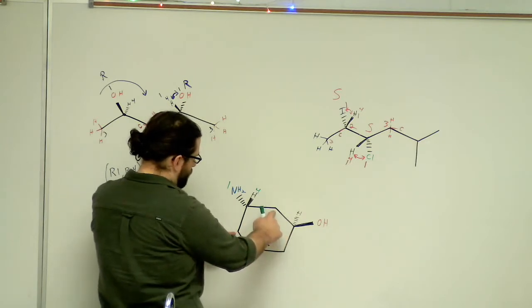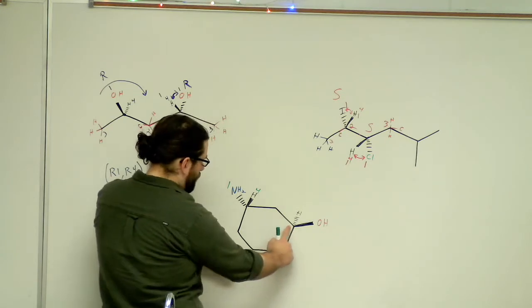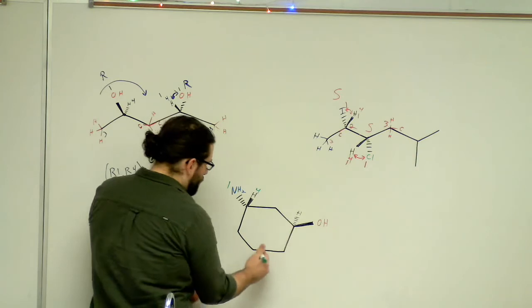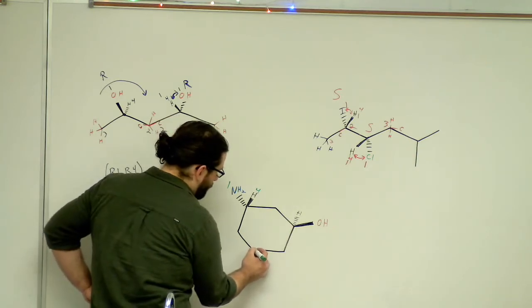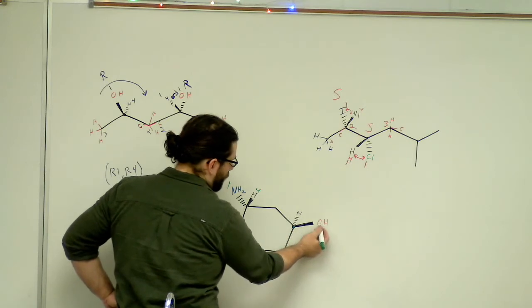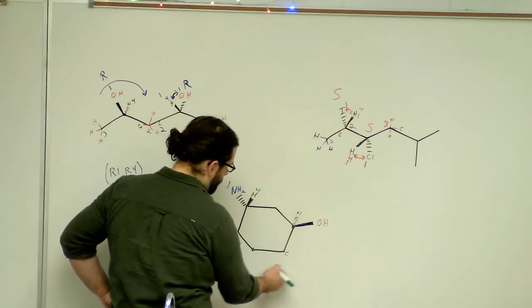Hydrogen, hydrogen, another carbon. So we're going to go to the next point. That's this point and this point here. So I'm now looking at what those carbons are attached to. This carbon is attached to an oxygen, a hydrogen, and another carbon.